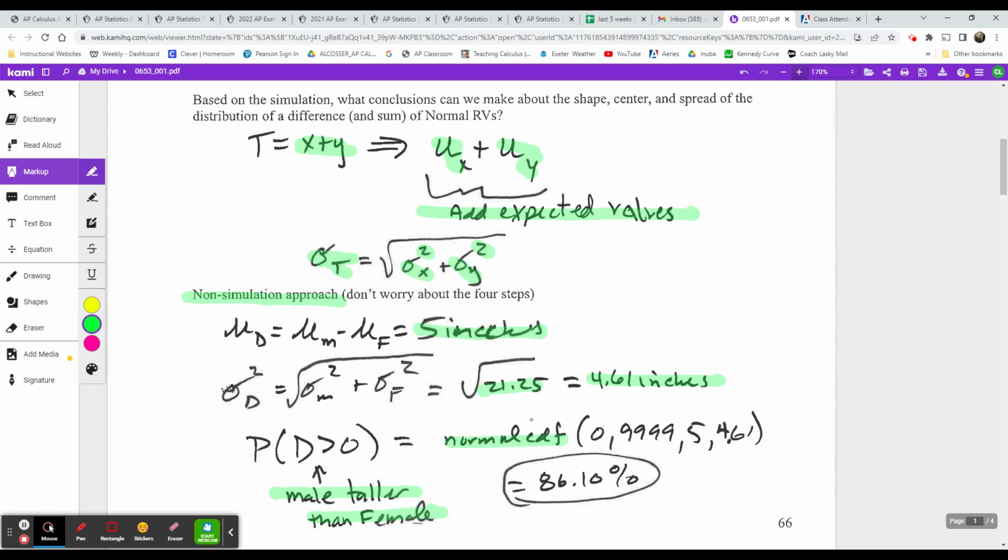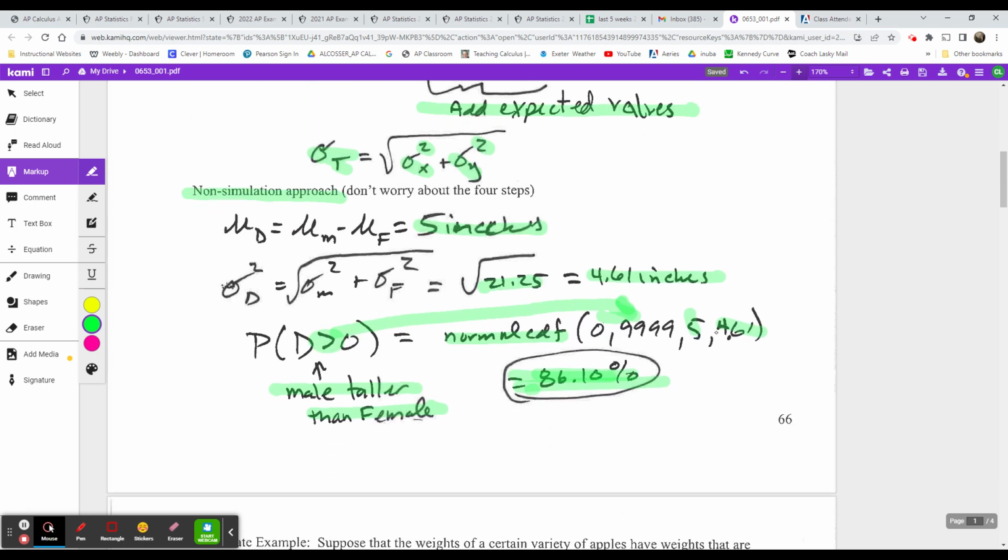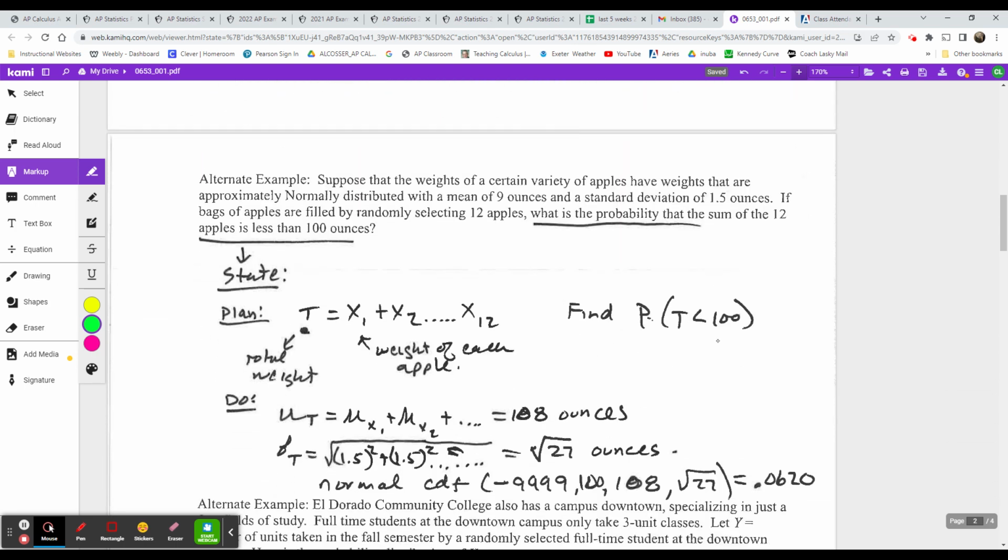Because I want greater than, my left boundary is 9999. You can use 999 or 100, as long as it's a really big number. My mu of the difference is 5, and my standard deviation is 4.61. The probability that's going to happen is 86.1%.